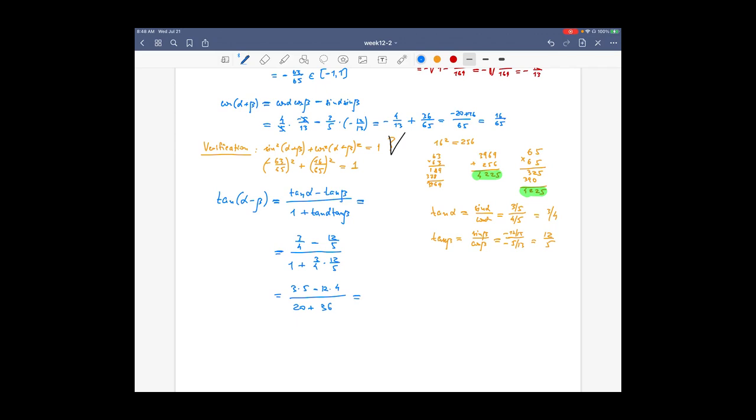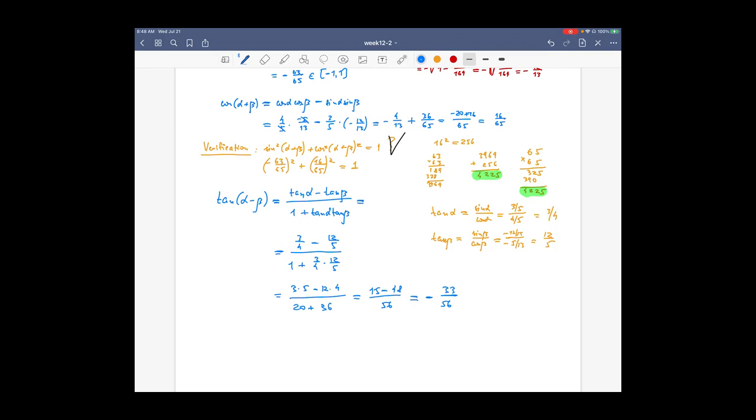That is 15 minus 48 over 56, and 15 minus 48 is negative 33. Negative 33 over 56.